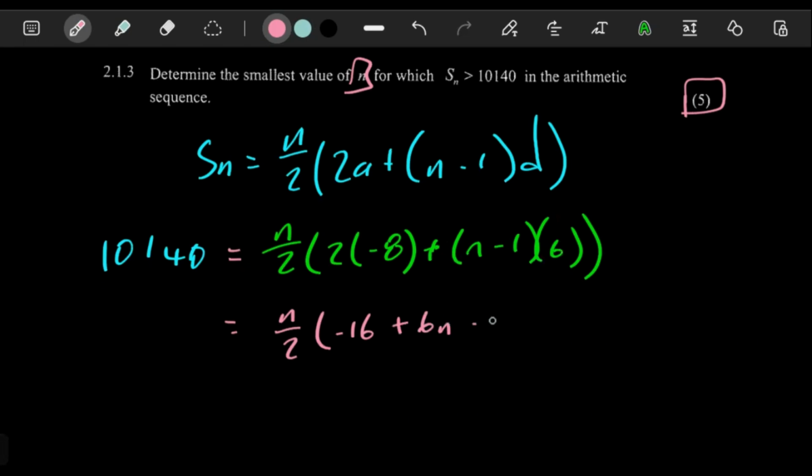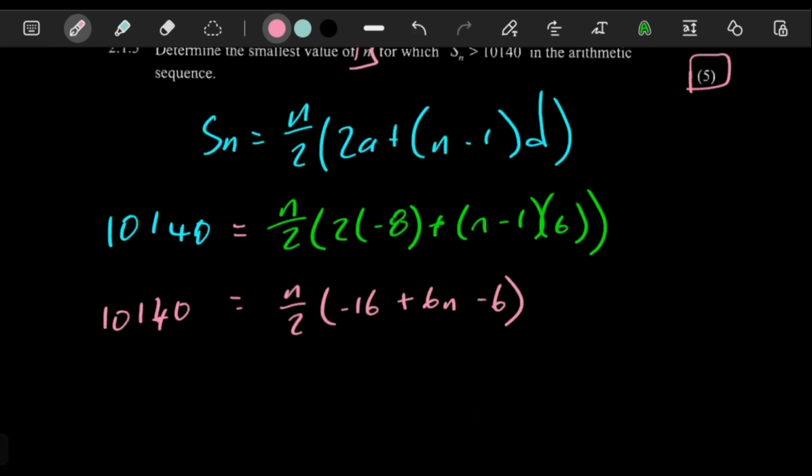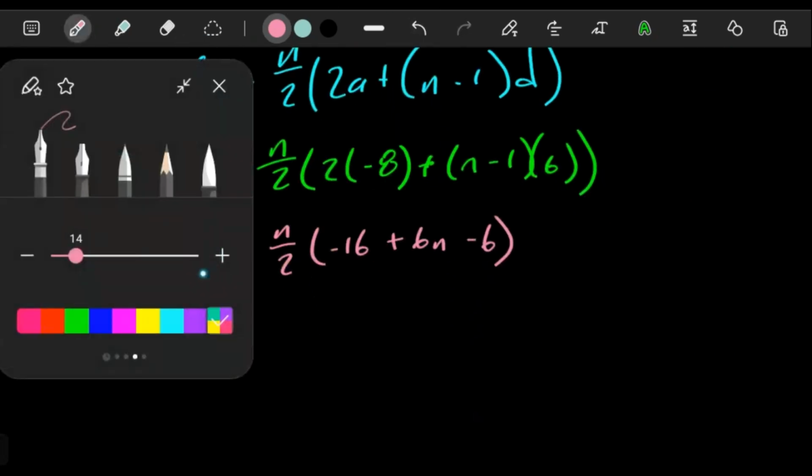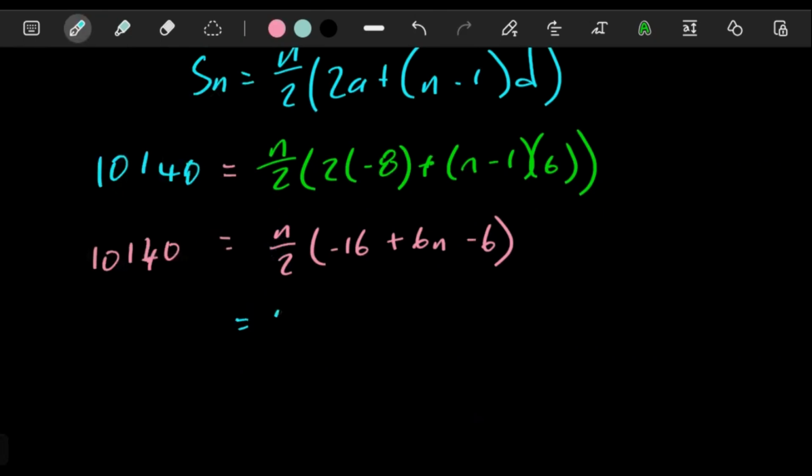Then 6 times that is like -6. This is 10,140. So let's see here, 10,140. Now, all this, right, moving forward, we have n over 2. -16 minus 6 is like -24. And then 10,140 is what we have here.